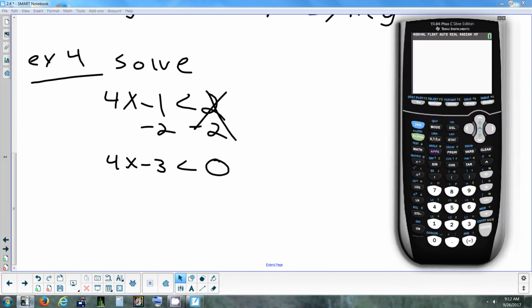We're going to type in 4x minus 3. Okay. Put that in y1. And then do zoom 6. Now what we're looking for is where this graph is less than 0. Okay. Where is it below the x-axis?